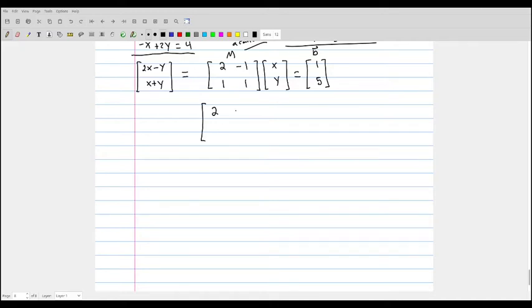So it's the matrix 2, negative 1, 1, 1, and you put a line, and then you put 1, 5. This is called the augmented matrix for the system of equation 1 and equation 2.